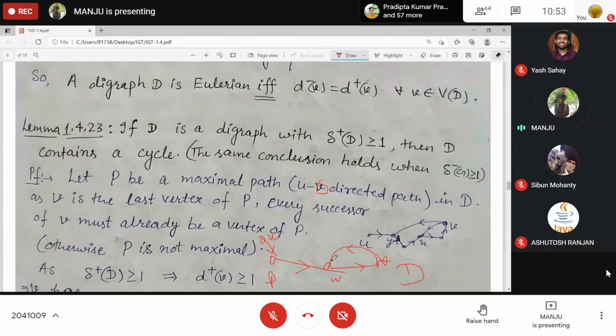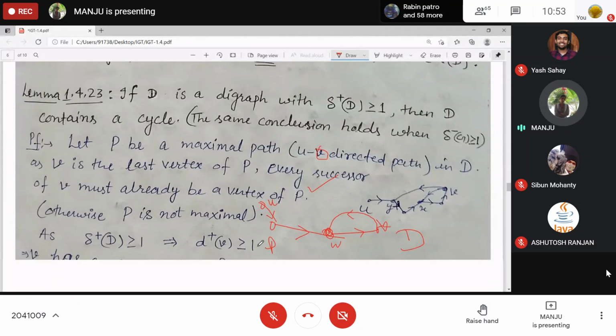Okay, this arc may not be present in P, but the vertex, the neighbor, is present. Neighbor means successor. So every successor of V must already be a vertex of P. Clear? Otherwise, P is not maximal, as I told you.